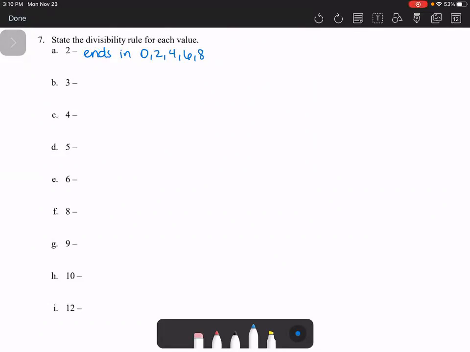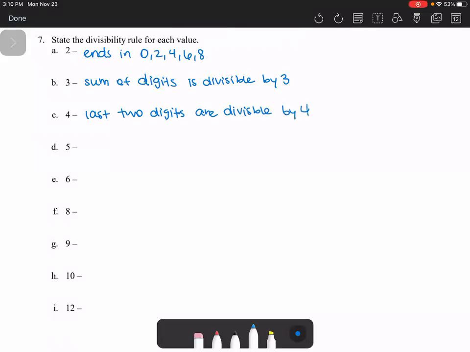Okay, so then for 3, a number is divisible by 3 if the sum of the digits is divisible by 3. Again, make sure that you talk about the digits of a number, not the numbers of a number, because that's really confusing language. For 4, the last 2 digits are divisible by 4.